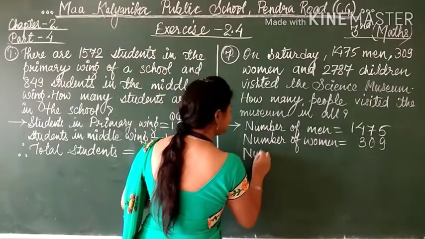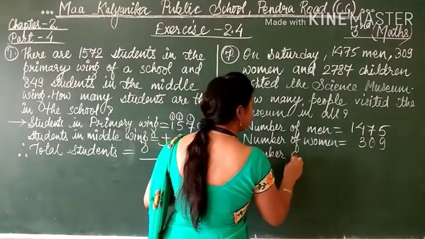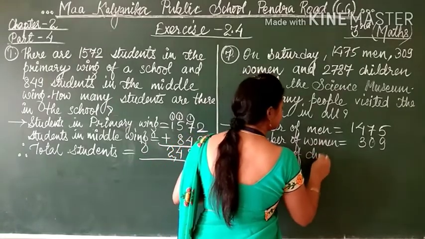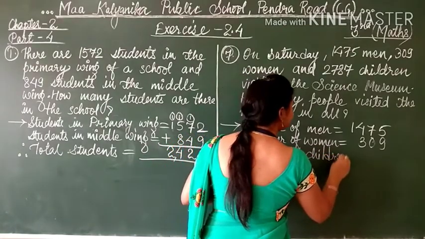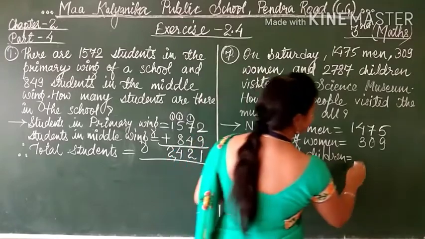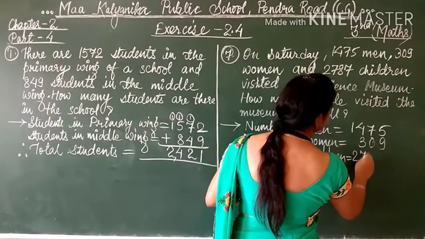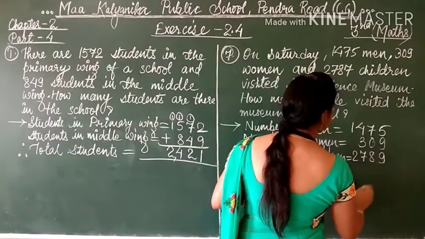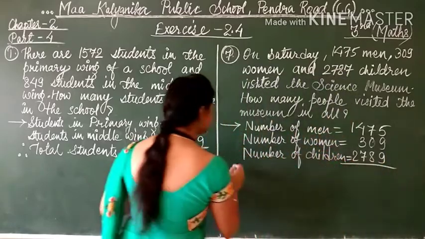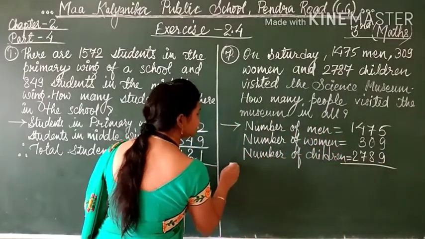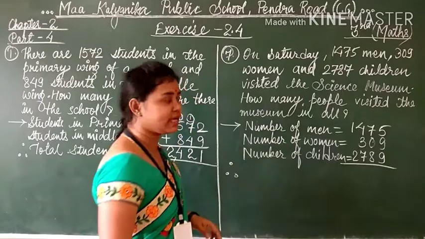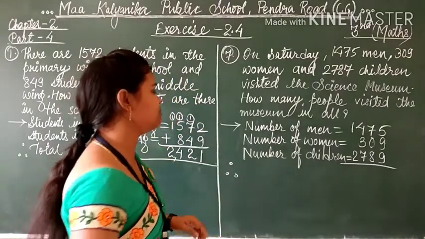Then it is given children. So number of children. How many children are there? 2789. So this many children are there. So the question is, how many people visited the Science Museum in all?